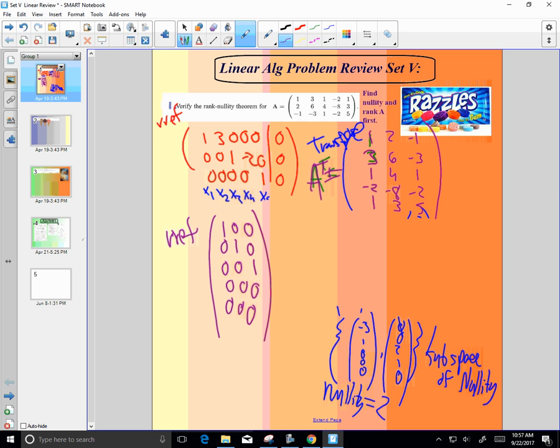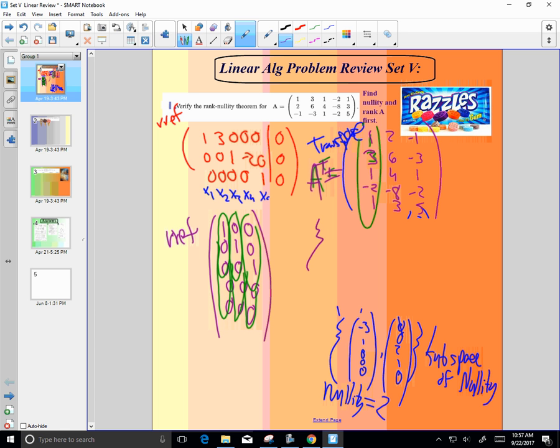Okay, good. That's interesting. So now, if you take this, this, and this, you're going to see that these correlate to these. These are called the row space. So you're going to take the row space of these.